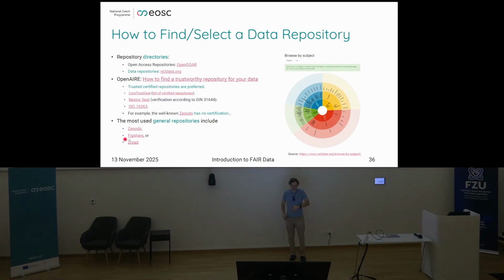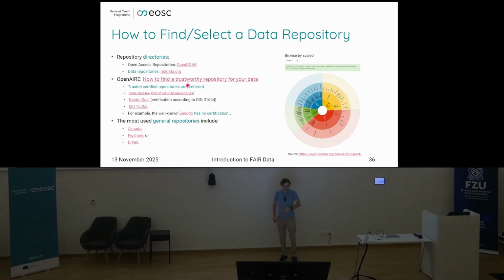A good repository can be evaluated, as there are some standards for evaluation of the trustworthiness of a repository. But for example, Zenodo has no certification, and it's a very massively used repository operated by CERN, and almost everyone hopes it will simply work, as it's too big to fail, but it has no formal certification.